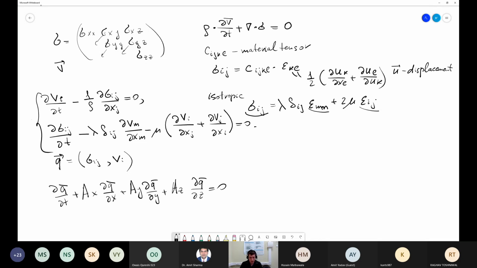These matrices depend only on material parameters lambda, mu, and rho.